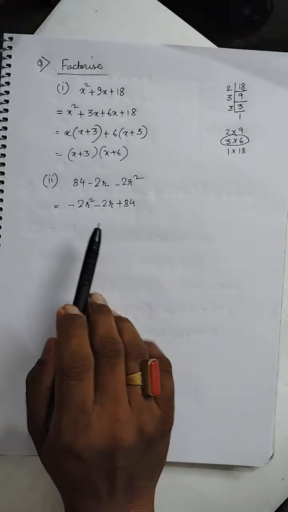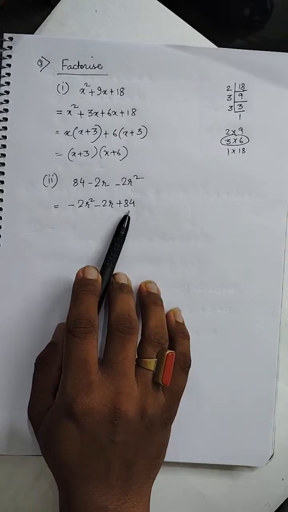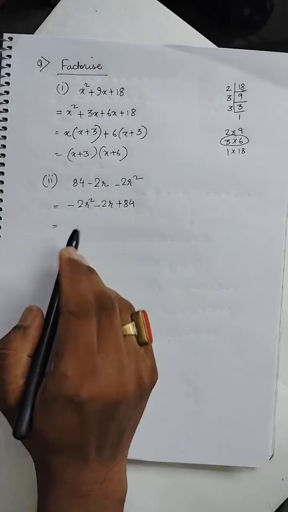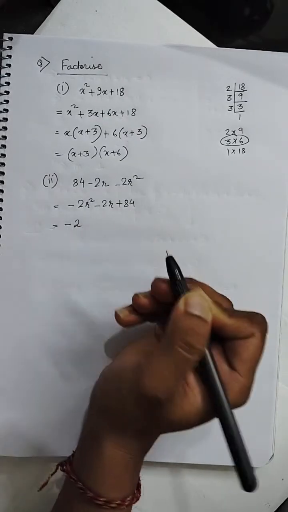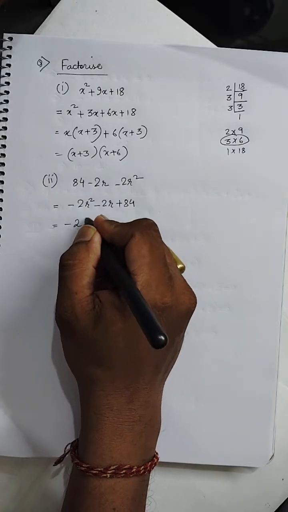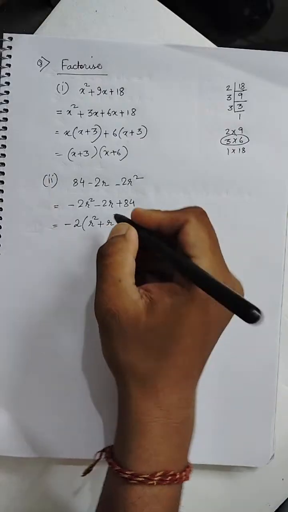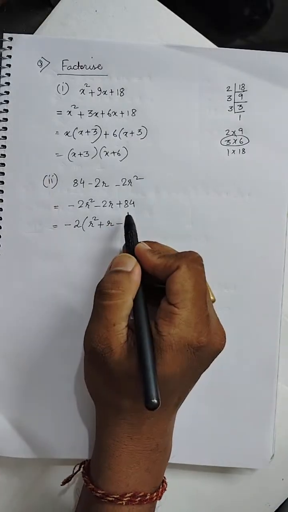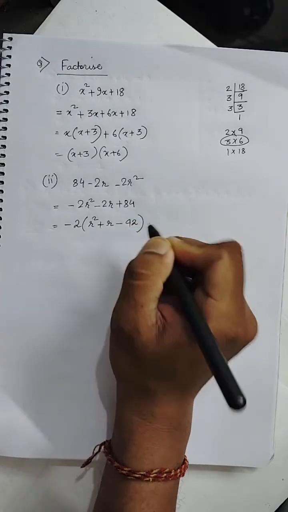So we have minus 2r square, minus 2r and 84. What we can do is take out a common factor out of these three terms. So we can take out minus 2. Okay. So we will have r square plus r, and 84 divided by 2 is how much? 42. So we'll have minus 42.